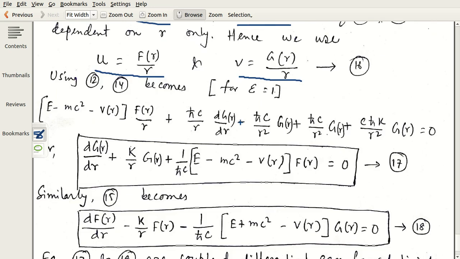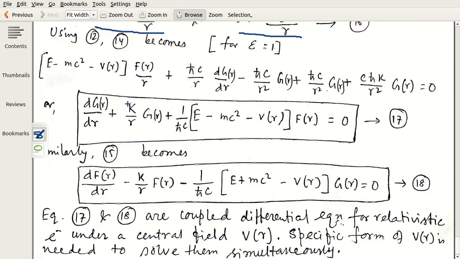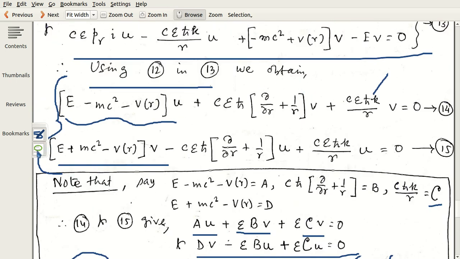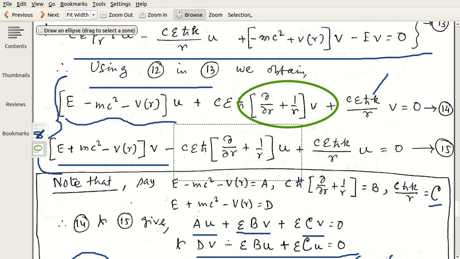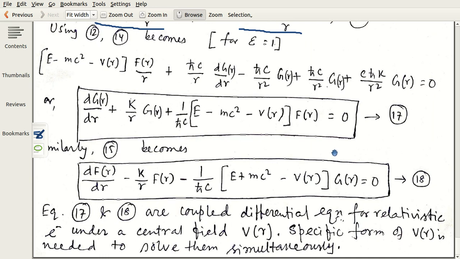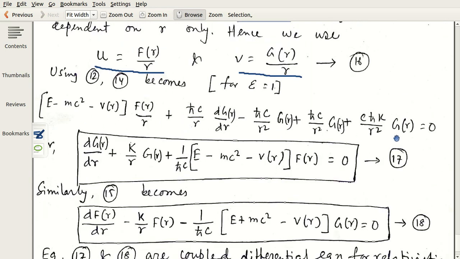U and V are replaced, and then we carry out this derivative. We write V equals G(r)/r, and U as F(r)/r. Carry out the derivative, and one term will cancel out. I have done one step here, and you see that this term cancels out, and then r is there in the denominator for all the terms.